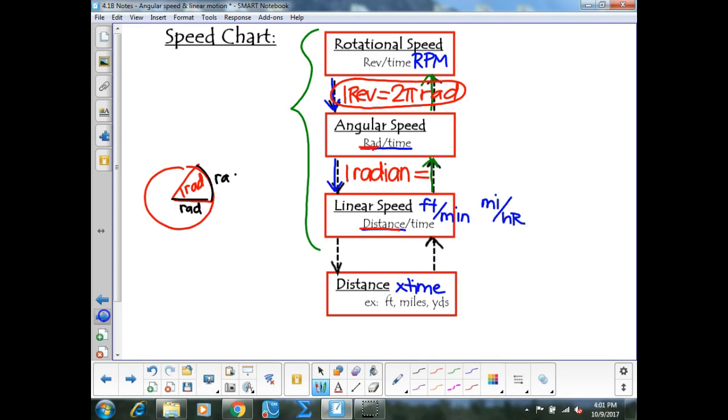So in my conversion rate here, 1 radian is saying I've covered the equivalent of 1 radius along the arc, whatever distance you're choosing to be away from the center. And again, we're going to use factor label to decide how I'm going to write that conversion rate.